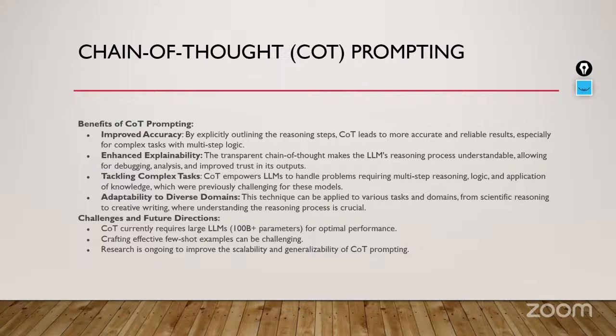Chain of thought currently requires large LLMs, like 100 billion parameters, for optimal performance. It requires large parameters to train the model, and then we can expect the model to give us optimal performance. Crafting effective few-shot examples is challenging. Research is still going on to improve the scalability and generalizability of chain of thought prompting.